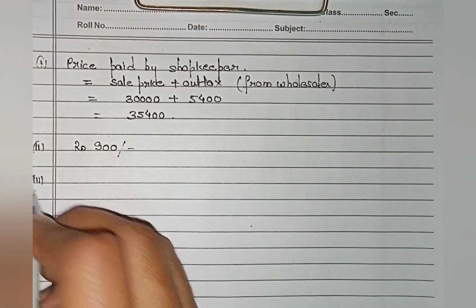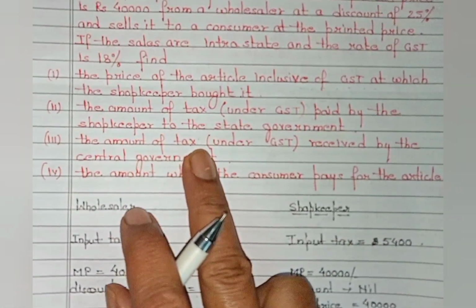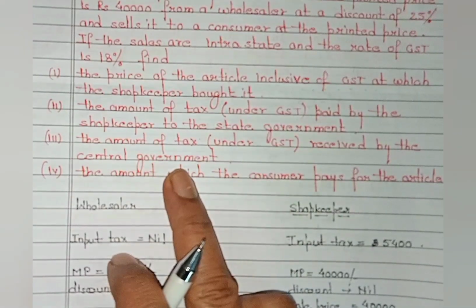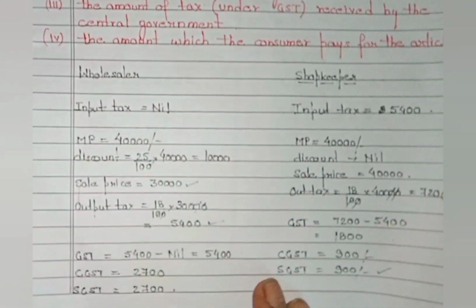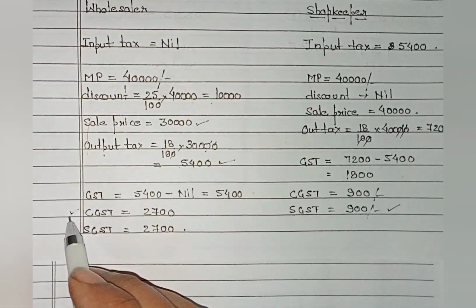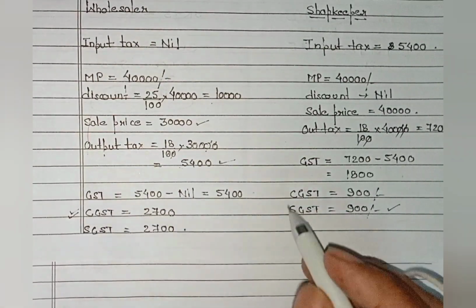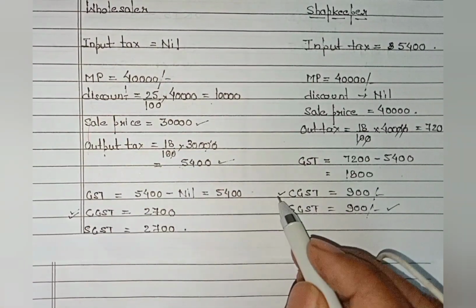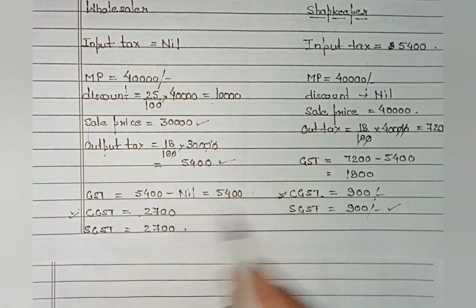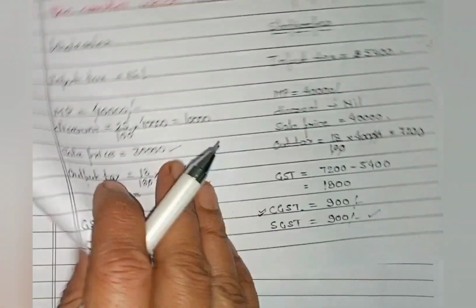Now let's move on to the third part. The amount of tax under GST received by the central government. Now see here, the central government is receiving GST from the wholesaler, as well as from the shopkeeper also. So combining these two will give us the GST received by the central government.